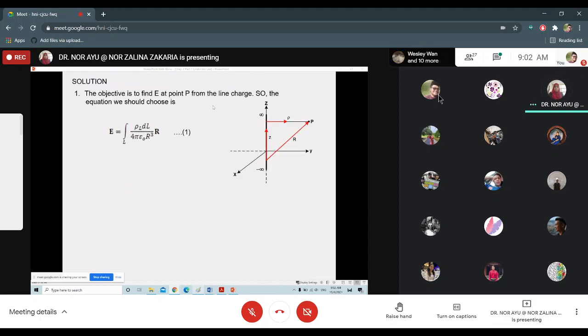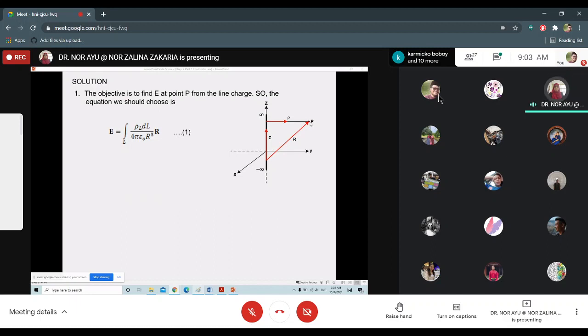All right. So you know that the charge is here at dz. dl equals to dz just now. And please draw this vector. This is the point P that you need to find.